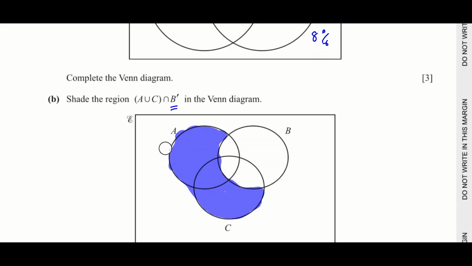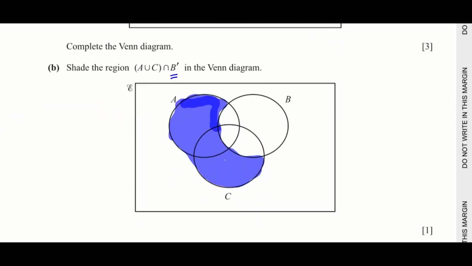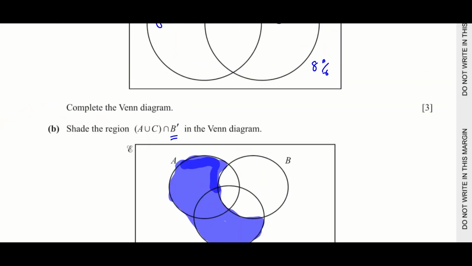So we can remove this. Good. Sorry, let's undo that. So this one here. This is what you get here. So that is the shaded region. The shaded region is A union C intersection B complement. So very simple if you see those videos on my YouTube channel.